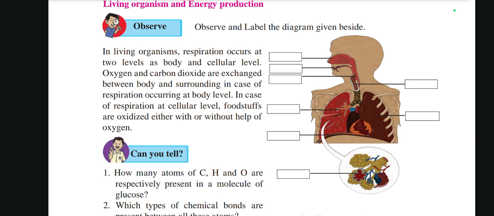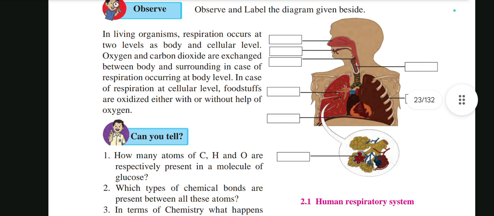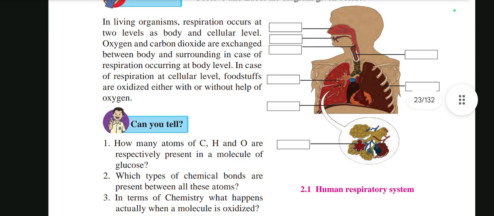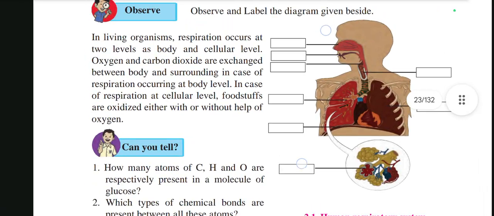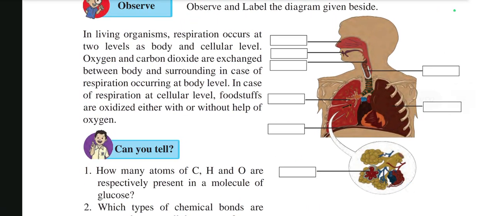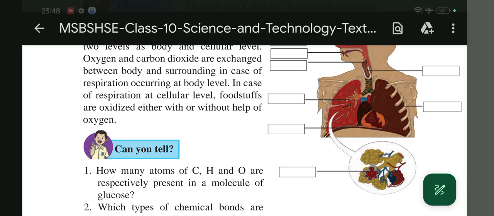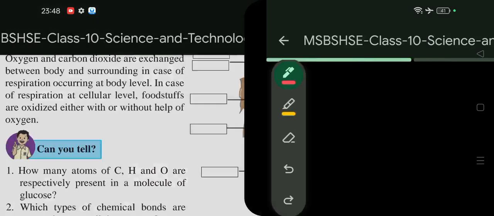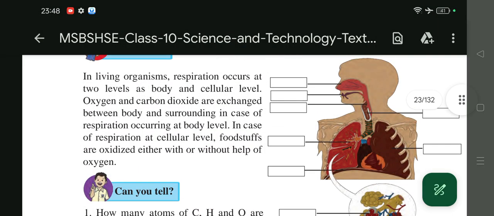Okay, so let's see. In living organisms, respiration occurs at two levels: the body level and the cellular level. Oxygen and carbon dioxide are exchanged between the body and the surrounding in the case of body level respiration.